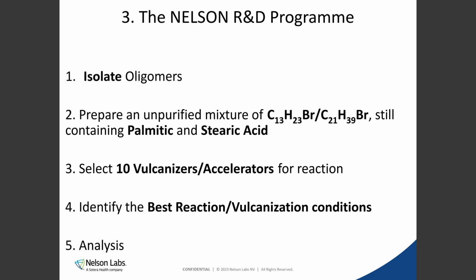Could we reproduce that in the real world of production of rubber and cross-linking of rubber materials? For that purpose, we further selected 10 vulcanizer or accelerator compounds for the reaction. And then the next step was a proof that the reaction conditions are appropriate to make the reaction.